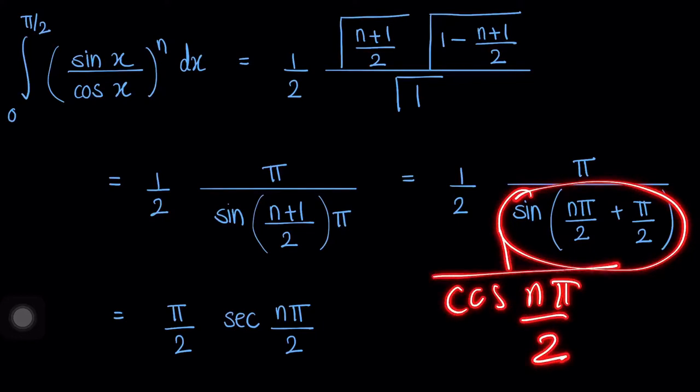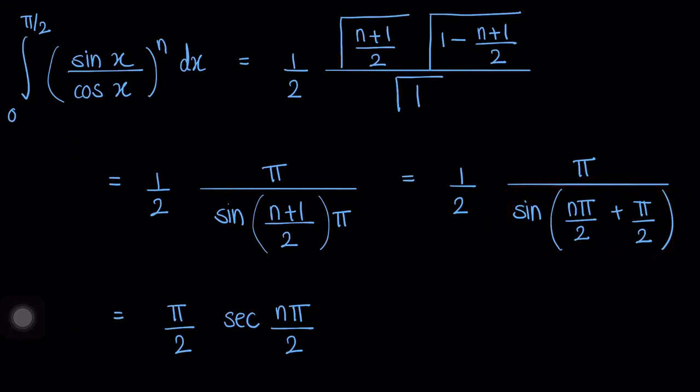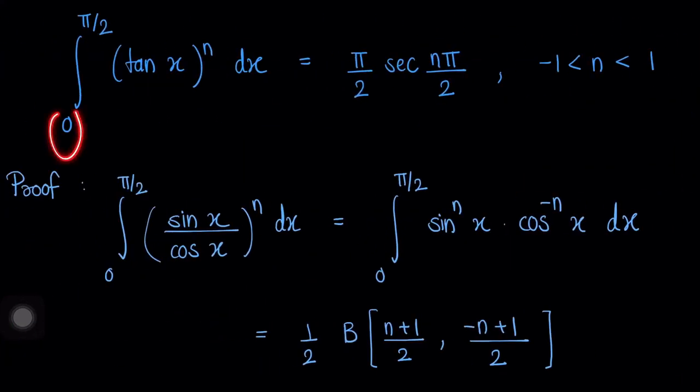And 1 upon cos n pi by 2 means sec n pi by 2, since 1 upon cos is equal to sec. This pi by 2 as it is. So finally, the value of this integral, that is integration 0 to pi by 2 tan x raised to n dx, is equal to pi by 2 into sec n pi by 2. This n should be between -1 and 1.